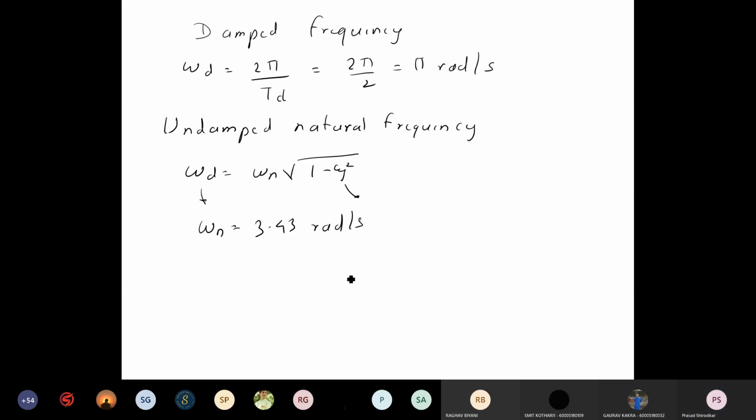Now, the first step is to calculate the mass moment of inertia. Omega n is equal to the square root of k torsional divided by I. We have already calculated k torsional, and we already know omega n.